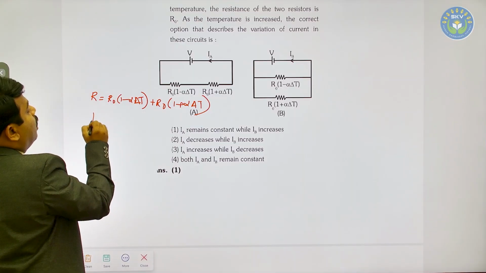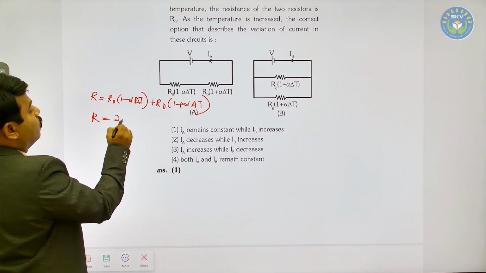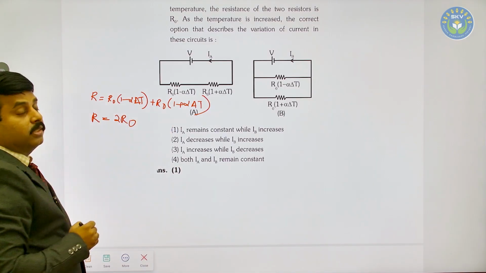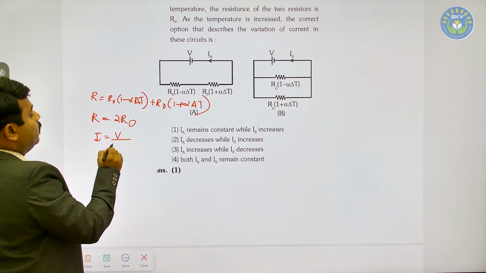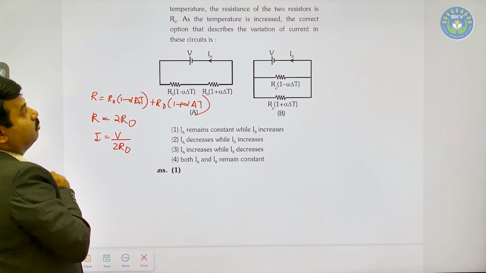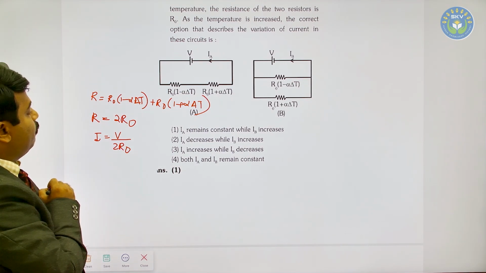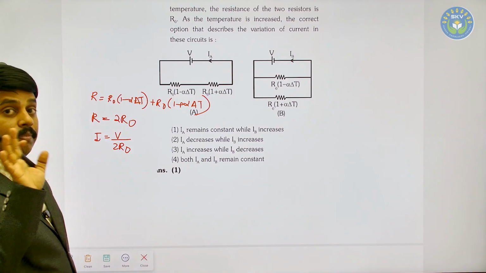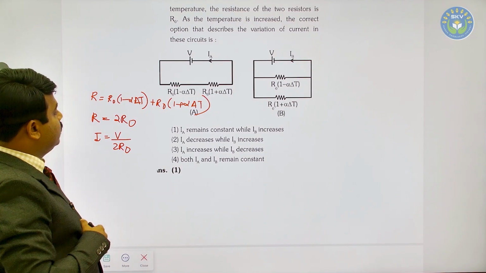So R is equal to 2R0. The plus and minus cancel, right? Then the current is V by 2R0. So there is no temperature-dependent parameter here. So IA does not depend on temperature. I remains constant only in this condition.